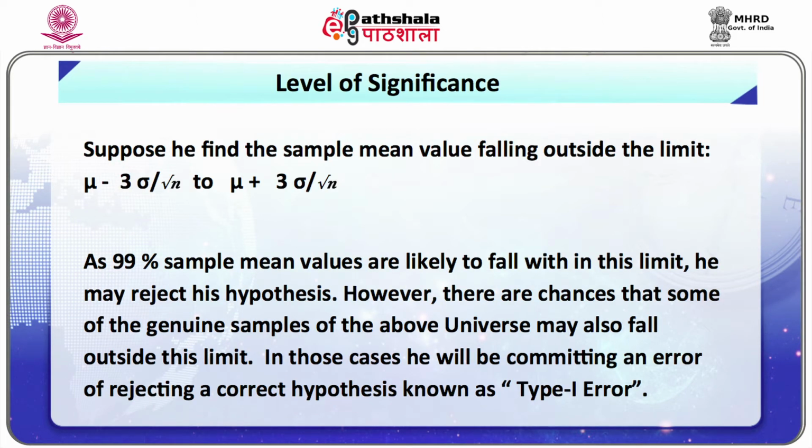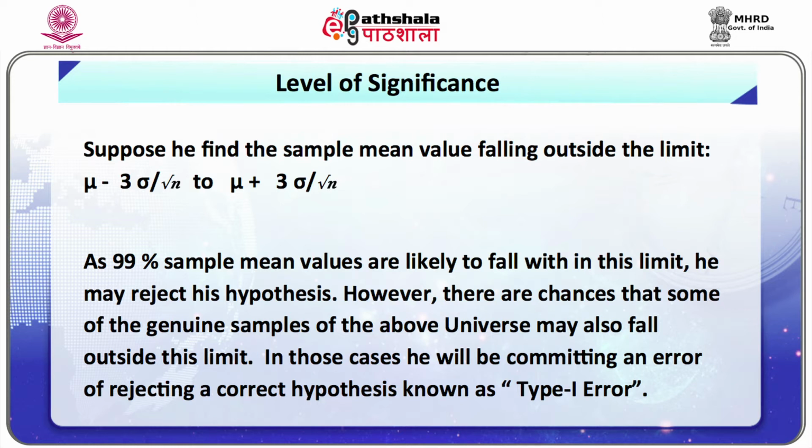Suppose he finds that the sample mean falls outside the limit mu minus 3 sigma upon root n to mu plus 3 sigma upon root n. As 99% of sample means are likely to fall within this limit, he may reject this hypothesis.